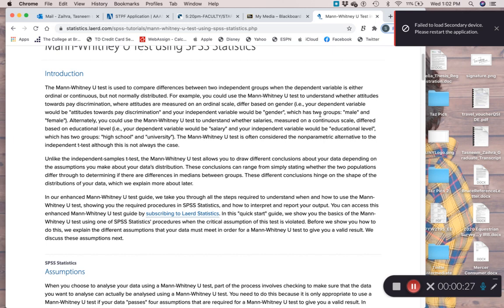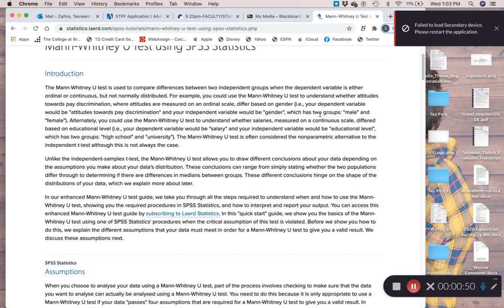These conclusions can range from simply stating whether the two populations differ through to determining if there are differences in medians between groups. These different conclusions hinge on the shape of the distribution of your data, which I'm going to explain in a little bit of detail.